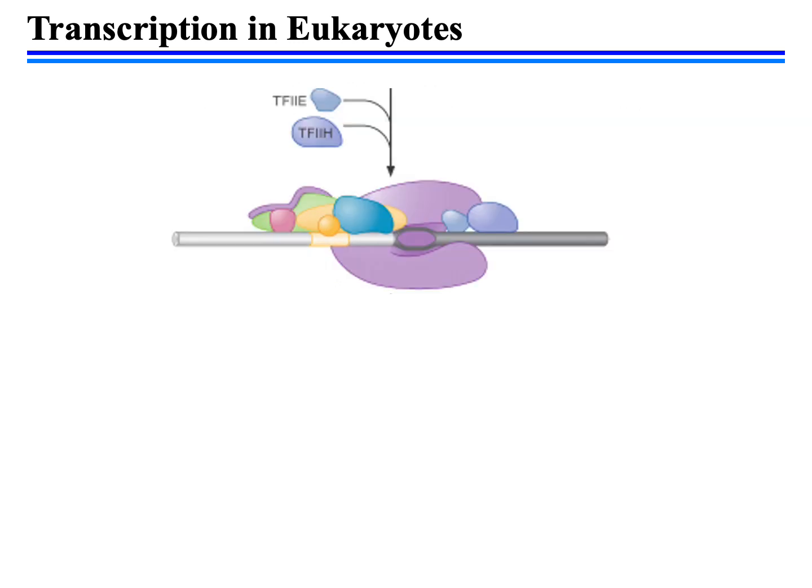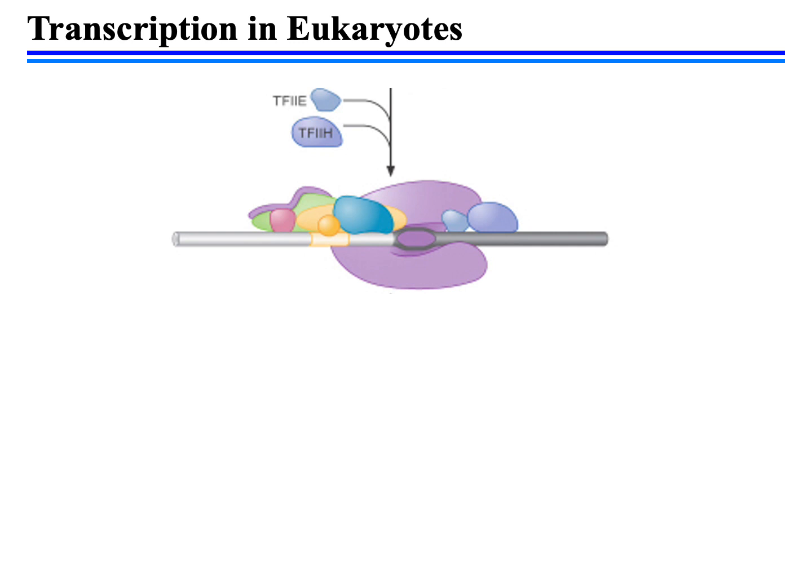Next, you can see the association of two additional generalized transcription factors, TF2E and TF2H. TF2E is thought to recruit TF2H. It also stimulates activity associated with TF2H. So I'm going to talk about TF2H and we'll come back to TF2E.